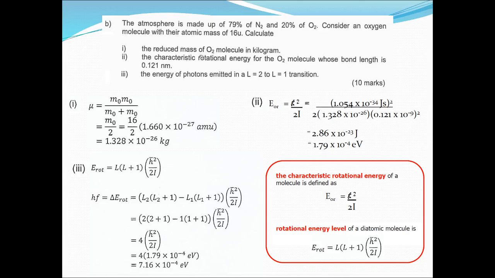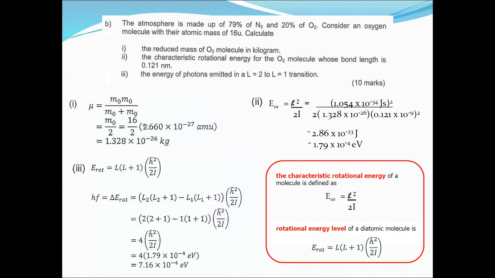So this one is direct. The reduced mass mu is equal to m not, this one is not m not, this one is m o. I am using o here because the oxygen gas has two atoms of oxygen, so you have to use two kinds of symbol. So 16 times 16, given the atomic mass here is 16 U. So 16 times 16 divided by 16 plus 16, so you get here 16 over 2.